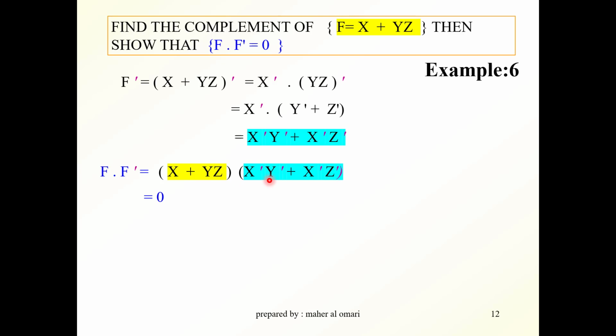That makes it equal to 0. Then we take this part, we AND it with this one. Here we have Z, and here we have Z bar. So the result is 0. So the final result is equal to 0. Now, F ANDed with the complement of F is equal to 0. This is general for whatever F is.